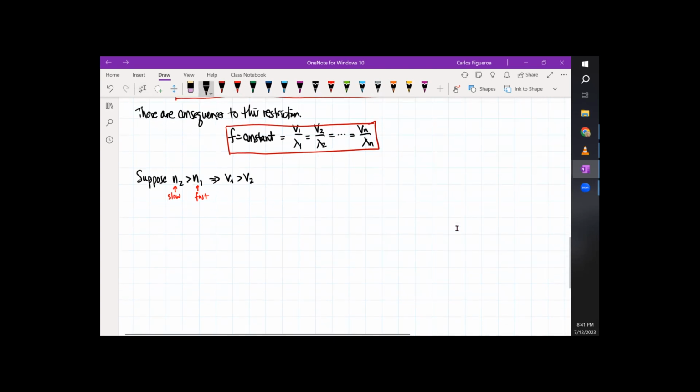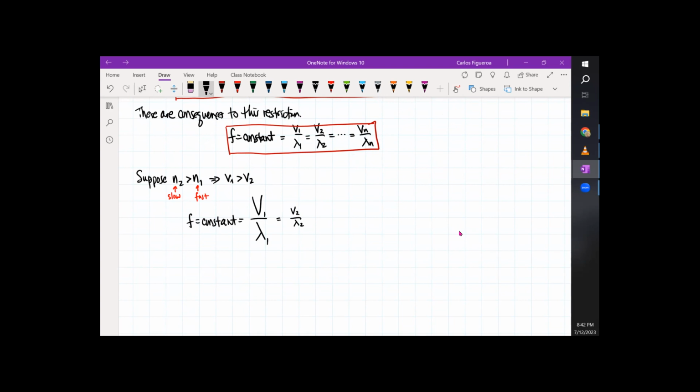So picture-wise, what do we draw? The frequency is a constant, so if I have a slower apparent velocity, then the wavelengths have to change to keep that value constant.